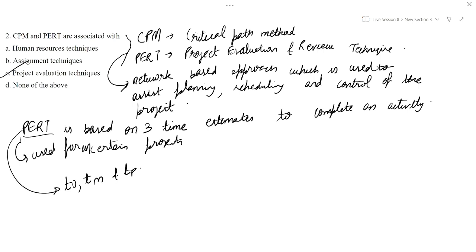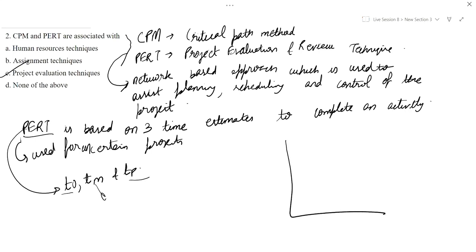T0 is the minimum time required to complete an activity when everything goes according to the plan. TP, pessimistic time, is the maximum time required to complete an activity when everything goes against the plan. Now TM is the time required to complete an activity under normal conditions.